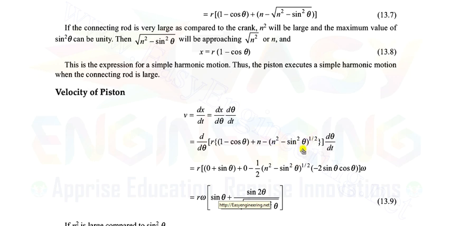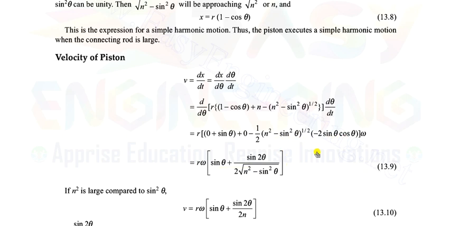When you are doing differentiation, it will be minus 1 by 2. Now again you have to differentiate this sin square theta, so the differentiation of minus sin square theta will be minus 2 sin theta cos theta. Okay, so when you rearrange this, because it is minus, it will come in the denominator.